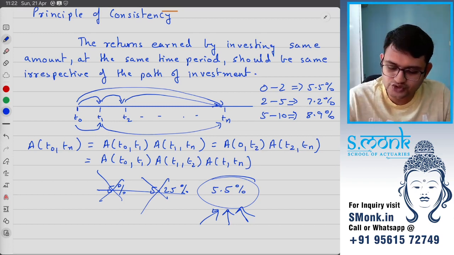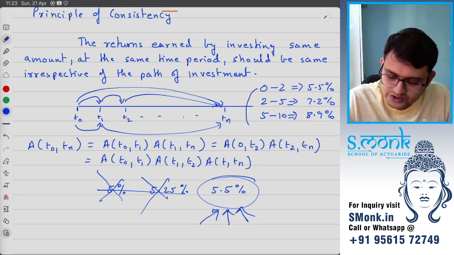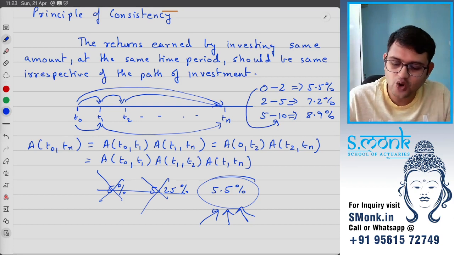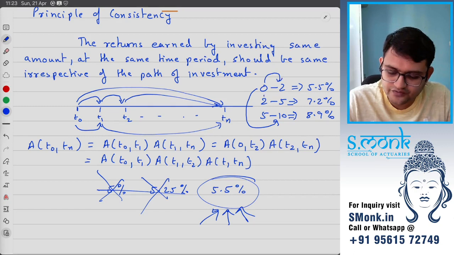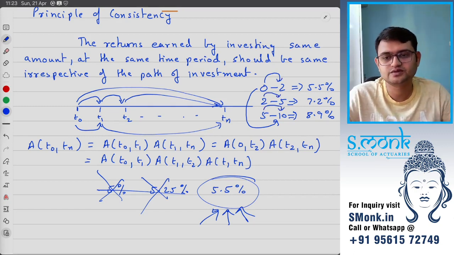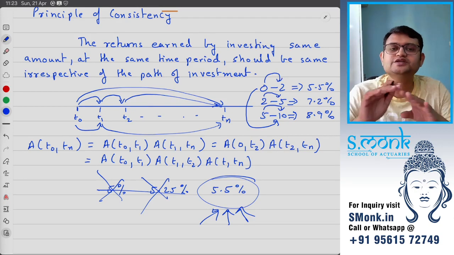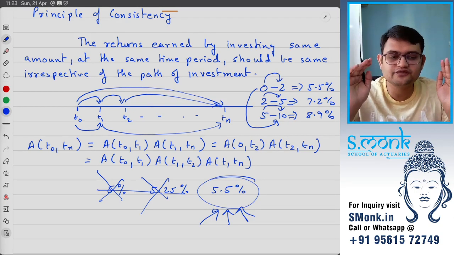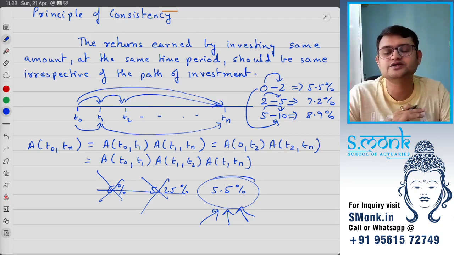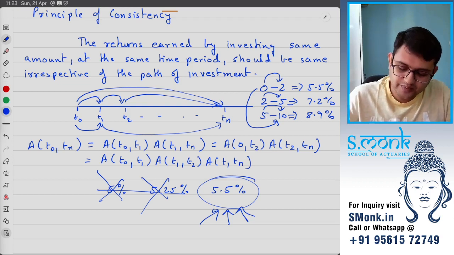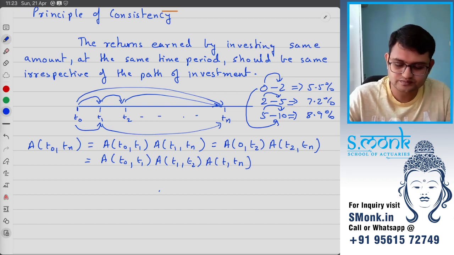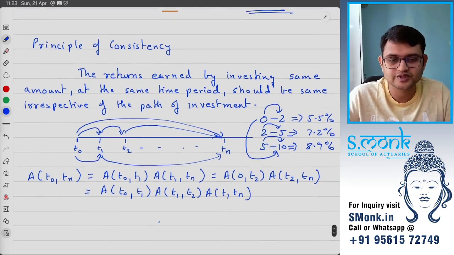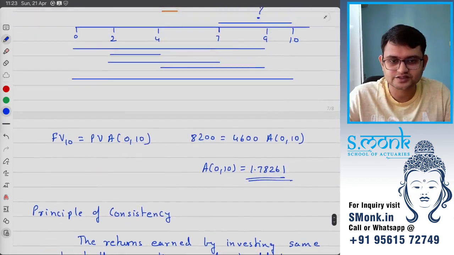Now I can choose to directly invest from 0 to 10, or I can choose first investing 0 to 2, then reinvesting from 2 to 5, and then reinvesting from 5 to 10. Any of these options should give me the same returns. That is called the principle of consistency.